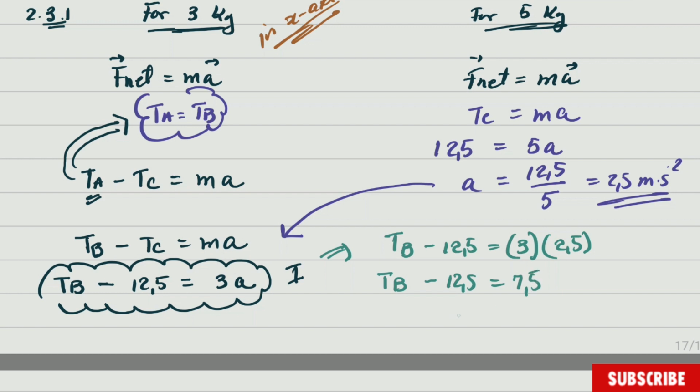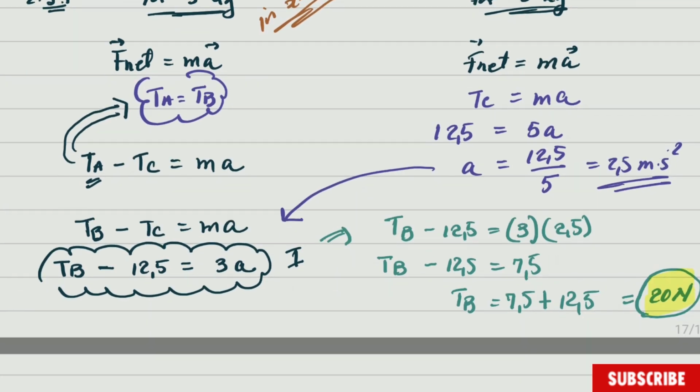And when you rearrange, you get that TB is equal to 7,5 plus 12,5, and this will give you 20. So 20 Newton is the answer for tension B. That is the answer for this question.